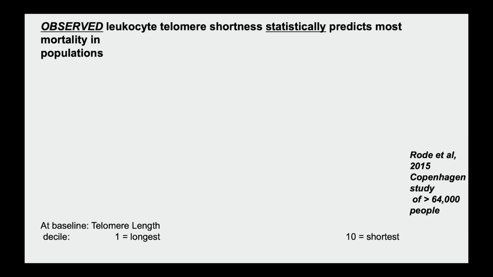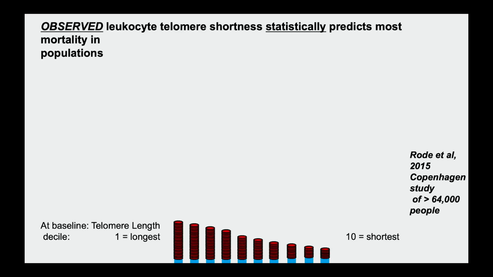Now, does that matter? And what's interesting is the study in the, this is a Scandinavian study of 64,000 people. And so I told you about cancers, and so you think, well, what's going to be better, longer, shorter? And in this study, what they did was they measured baseline telomere lengths just in white blood cells, and then they waited an average of 7 years and then said who died, and they divided people up into deciles of telomere length, so longer and shorter, shorter and shorter and shorter average telomere lengths.